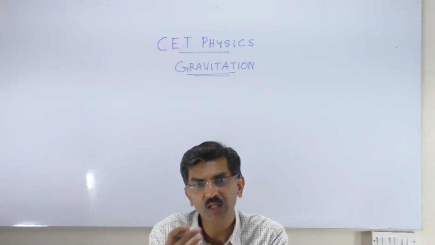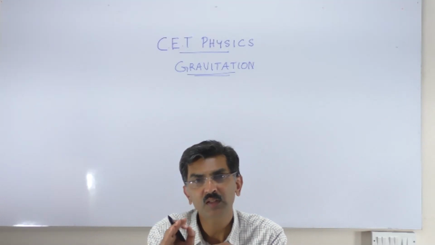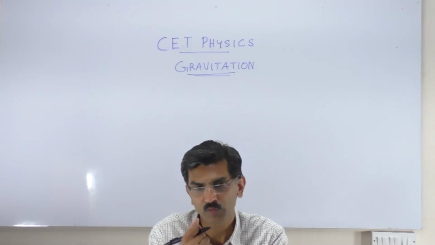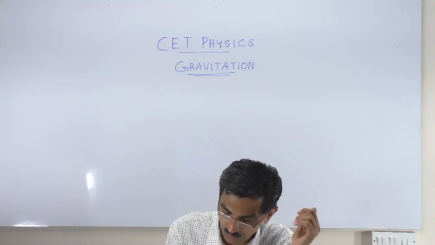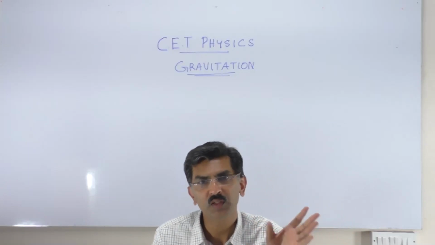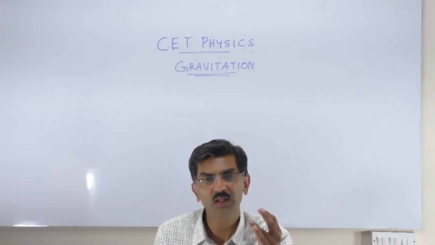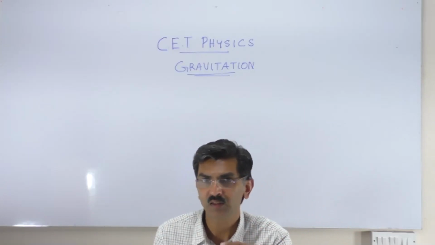So the only force acting on this satellite is the force of gravitation. But its displacement is constantly perpendicular to the force exerted on it. So there is no work done by the gravitational force in moving the satellite. The potential energy or the kinetic energy of the satellite does not change.